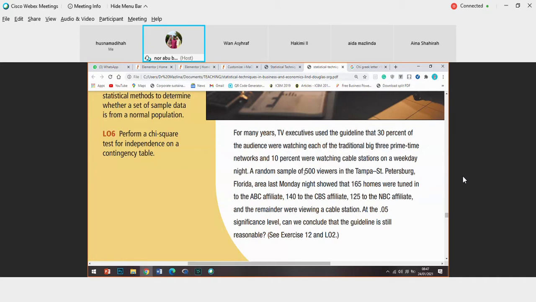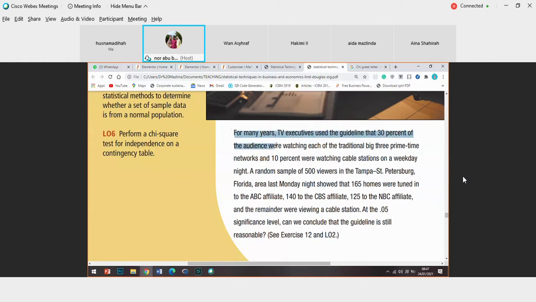Okay, now they took a sample of 500 viewers and then they found that 165 tuned to ABC, 140 to CBS, 125 to NBC, and the remainder were viewing a cable station. At 0.05 significance level, can we conclude that the guideline is still reasonable?